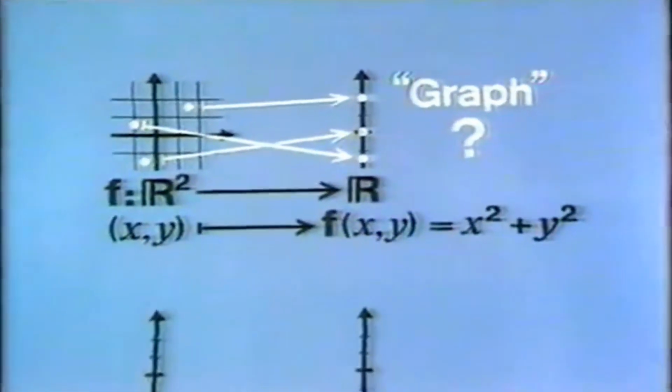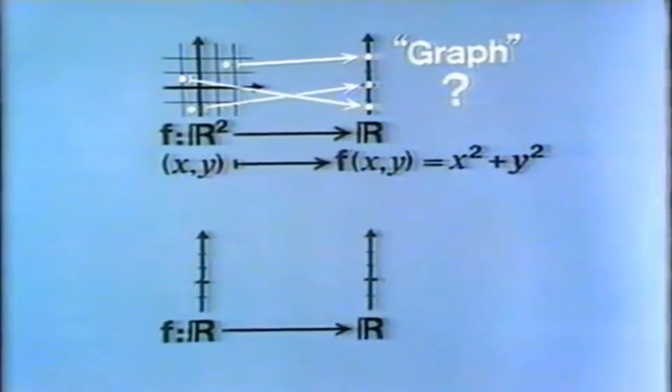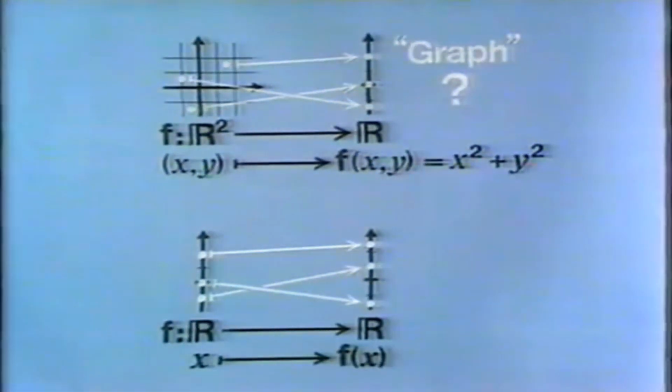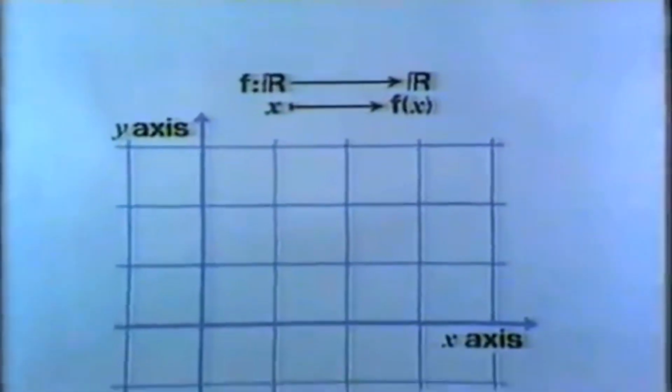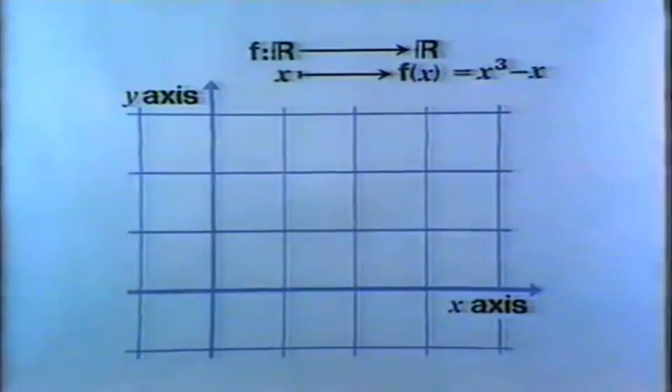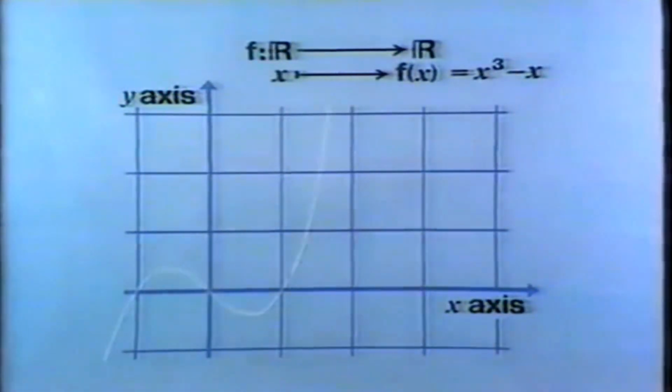Well, let's first look at a case you're familiar with, a function from R to R. For example, when f(x) equals x cubed minus x, the graph looks like this.